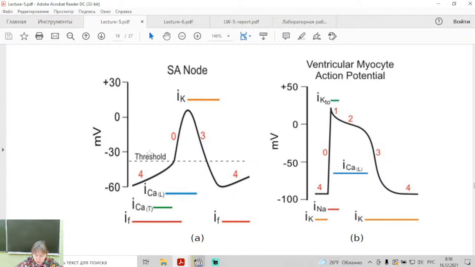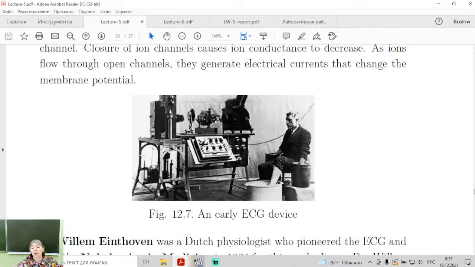When a channel is open, there is an increased electrical conductance of specific ions through that ion channel. Closure of ion channels causes ion conductance to decrease. As ions flow through open channels, they generate electrical currents that change the membrane potential. And look at this picture.